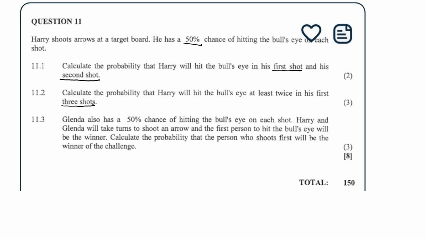So for this kind of question, we have to construct what we call a tree diagram, right? For three shots, we have three events for this tree diagram. Number one, the first branch. When we are drawing the tree diagram, we will have hitting the bull's eye, and now he did not.